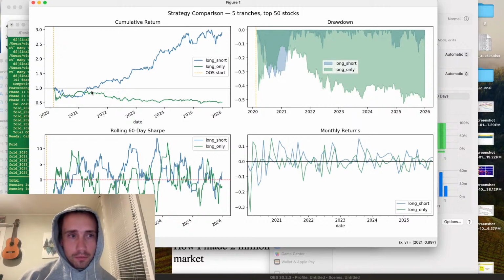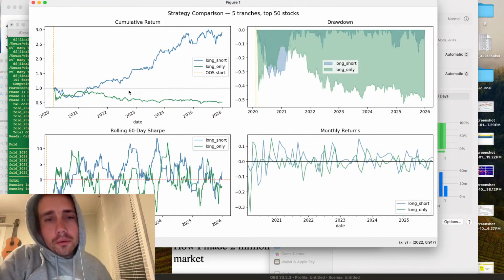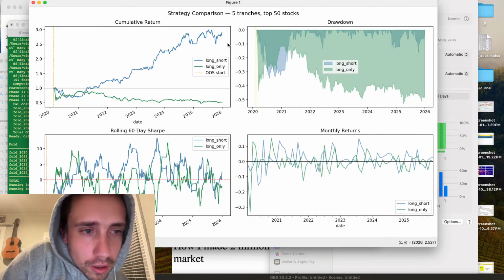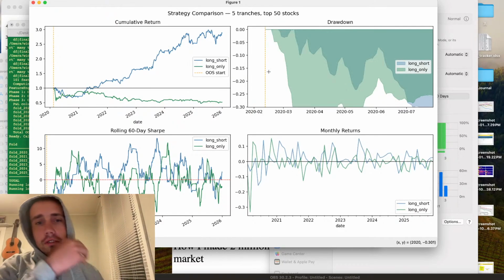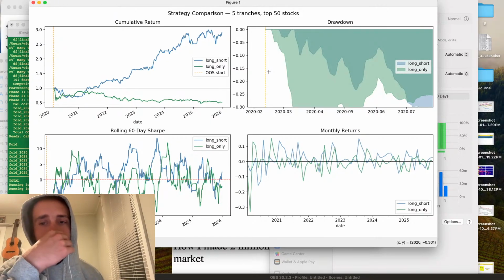So that looks better. It still got killed in 2020. But look, after 2020, so when was it getting killed in 2020? I mean, 2020 is a good example of a shock event, so you don't want to get killed during that.